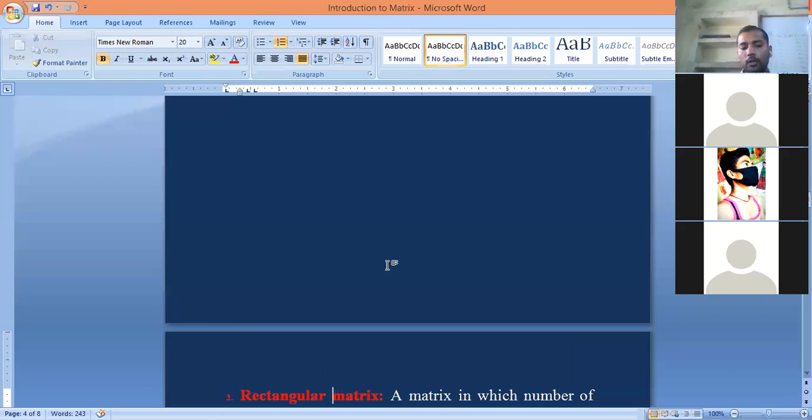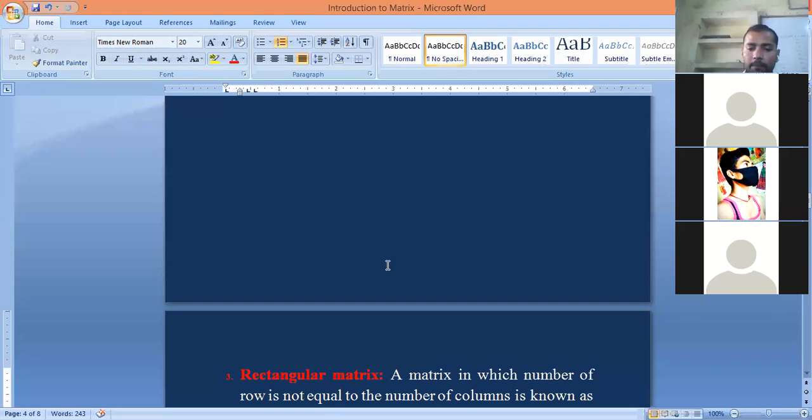The third one is rectangular matrix: a matrix in which the number of rows is not equal to the number of columns. Such types of matrices are considered rectangular matrix.